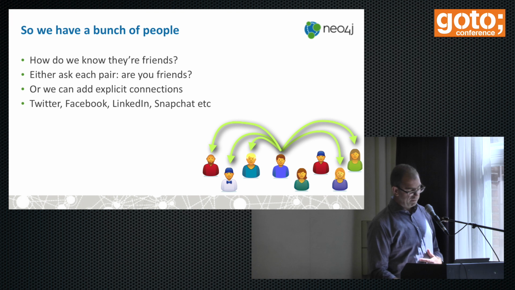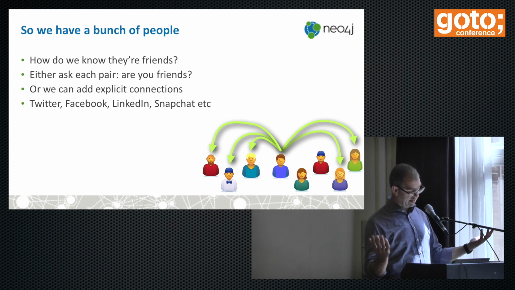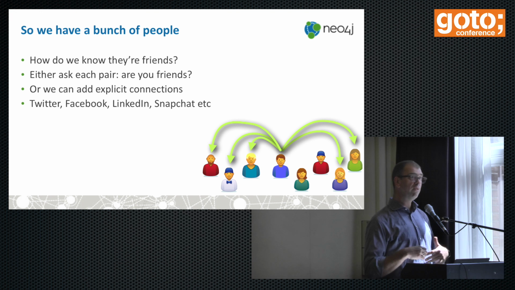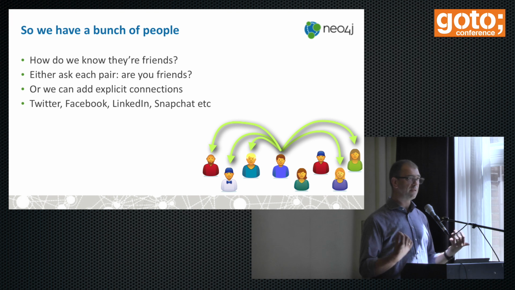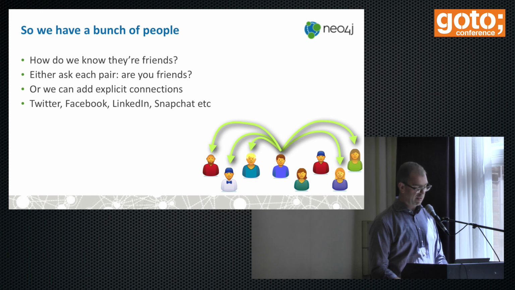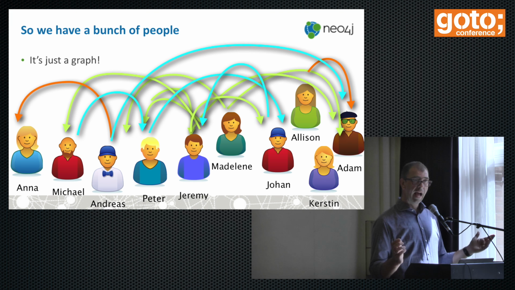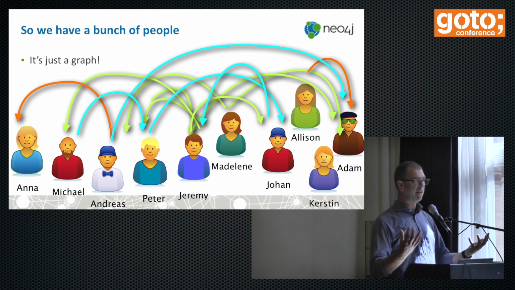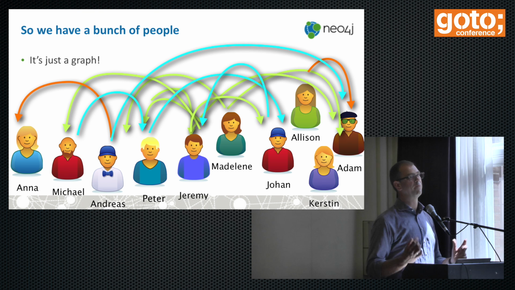So we have a bunch of people; how do we know we're friends? Well, we can ask them, we can read from social network information, or we can look at some kind of implicit linking. We can look at properties, we can look at behavior, there's all kinds of stuff that we can derive relationship information from. But as you can tell, it really is a network. It's a friends of a friend of a friends of a friends of a friend network.